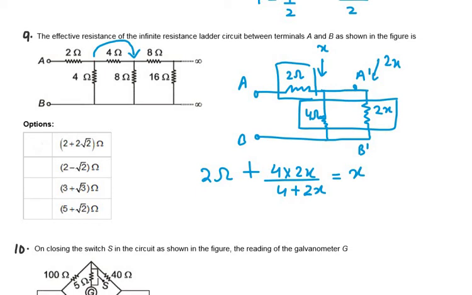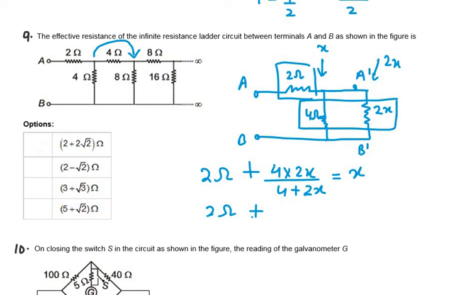So it equals x. Now 2 ohm plus, we have 4 plus 2x at the bottom, so we'll be taking LCM of it. Or we can do another method, that is we can take 2 ohm to the right hand side.